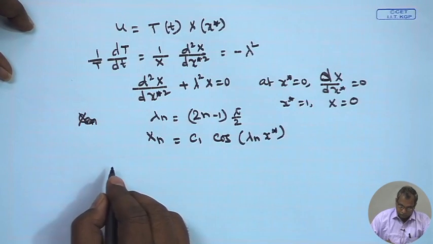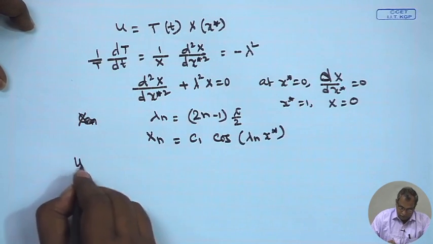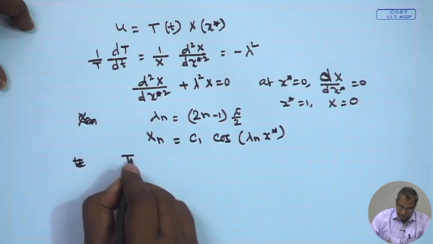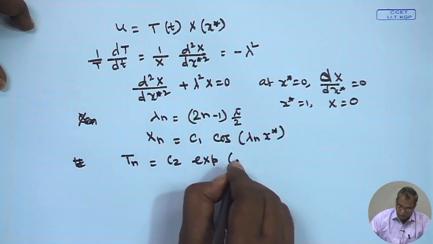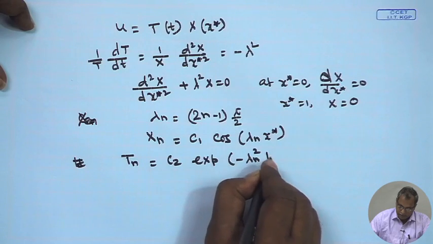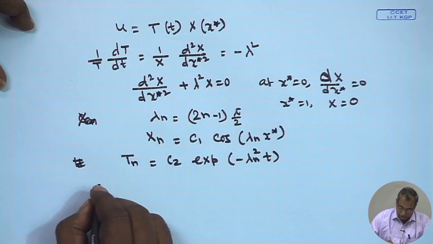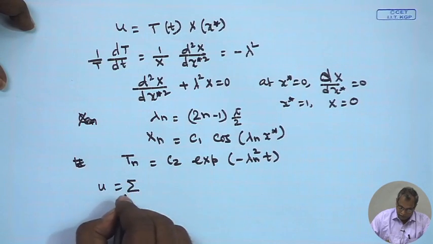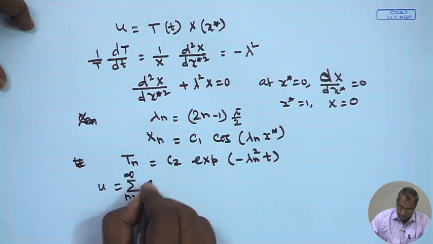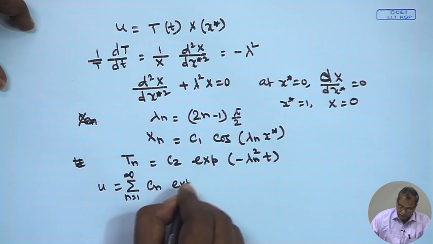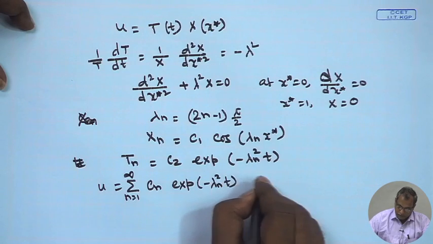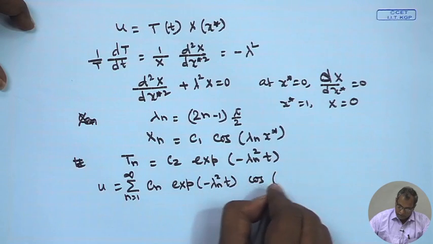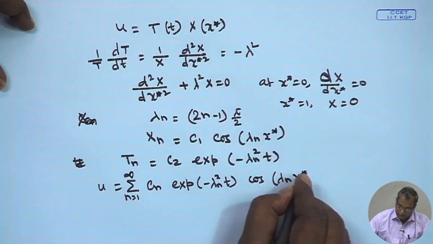If you construct the complete solution, T n will be c2 exponential minus lambda n square t, and the complete solution is u is equal to summation n equal to 1 to infinity c n exponential minus lambda n square t cosine lambda n x star.